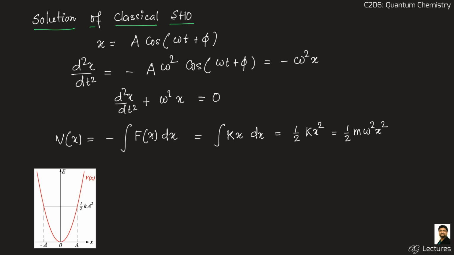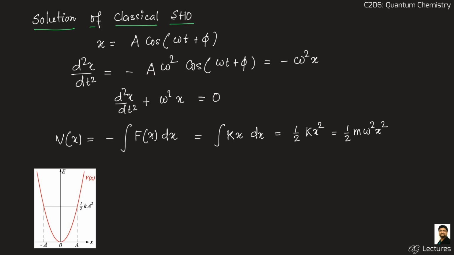And classically, if you consider that this classical object comes to a rest when it reaches its amplitude, then this entire energy is potential energy. There is no kinetic energy at that particular moment, because a classical oscillator, when it goes to the end, it stops.